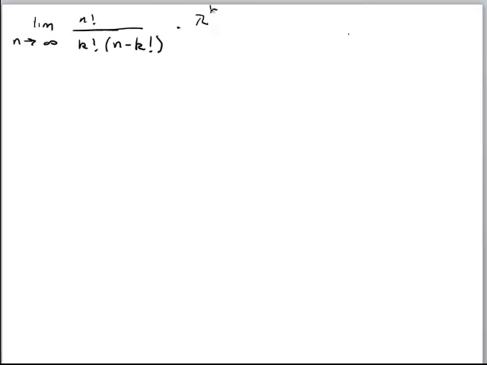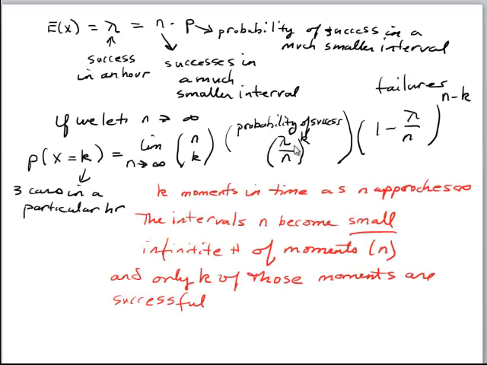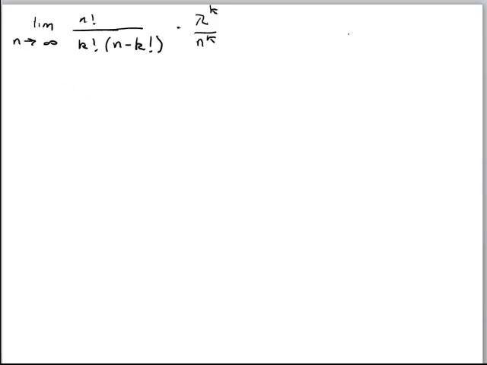So we've got lambda to the k over n to the k, right? And then we're going to write the rest of it, and that's going to be 1 minus lambda over n to the n times 1 minus lambda over n to the minus k. I just broke things up there.